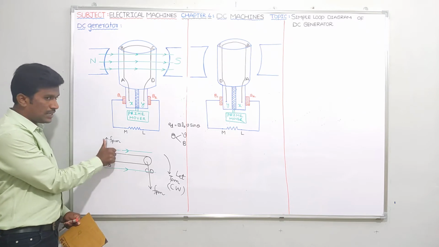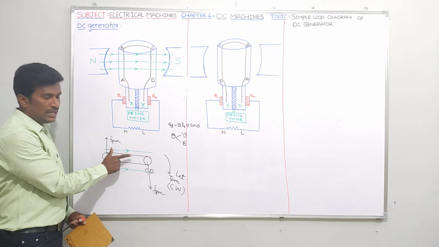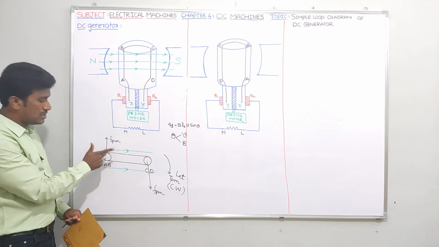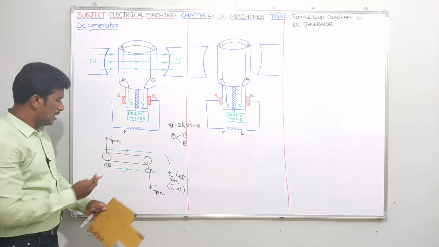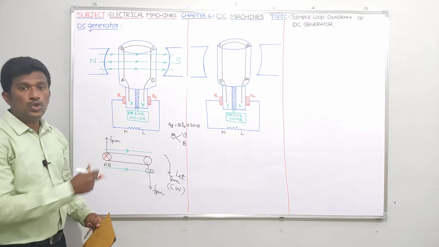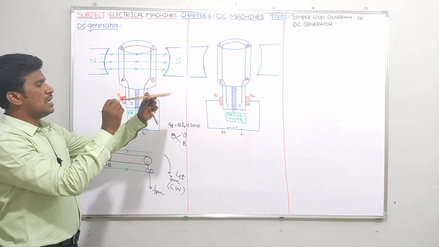When a moving conductor cuts the magnetic field, forefinger means direction of this green color arrow mark, direction of flux, and EMF or current is induced in the conductor AB. So in AB, what direction of current are you getting? You are getting cross. Into the board. See, this is the AB conductor.